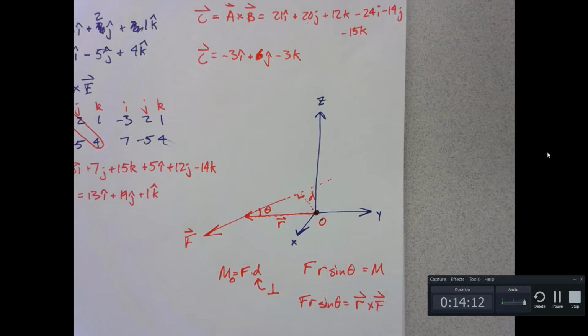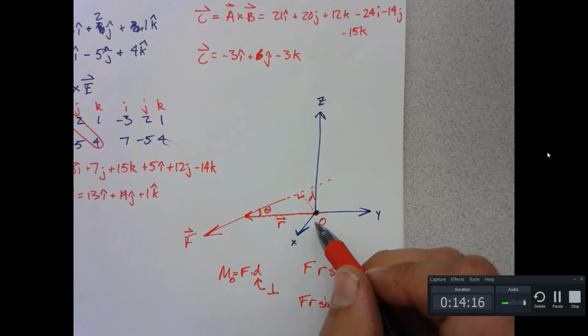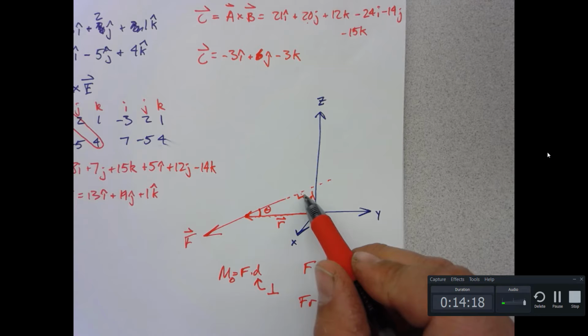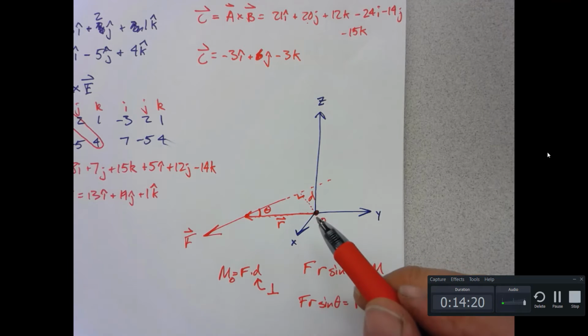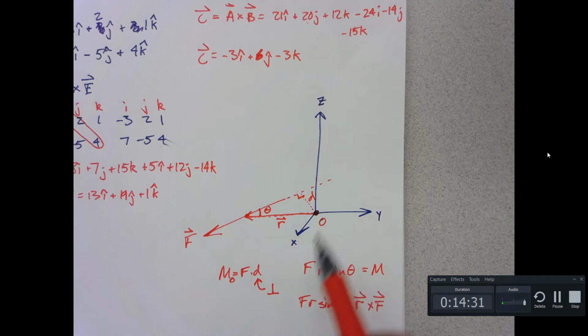This is super handy, because we don't have to find perpendicular distances. In scalar analysis, we broke it into xy components, and then it was pretty easy to find perpendicular distances. But in 3 dimensions, that's really hard. So what we do is we use the cross product.